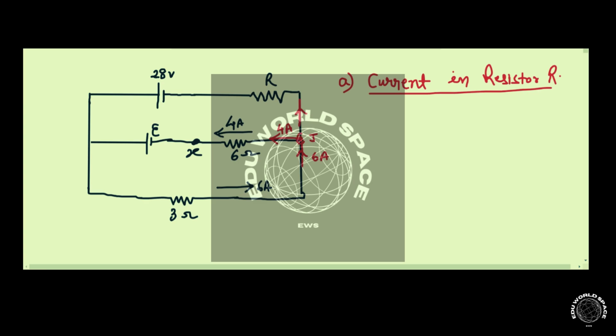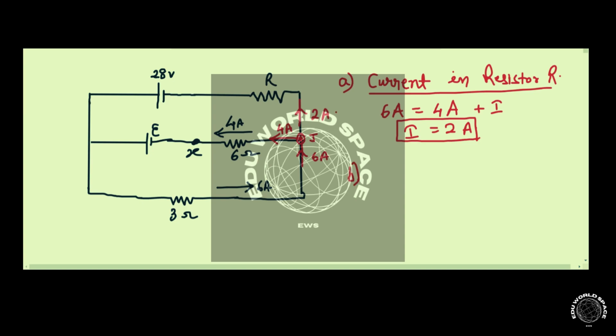So at this junction J, total current which is entering, that is 6 ampere, should be equal to total current which is leaving this junction. So 4 ampere plus, let us say this current is I. So 4 plus I. If we solve this, we get the current I as 2 ampere. So in very simple terms, we have found out the current that will be flowing through this resistor of resistance R. So this is 2 ampere.